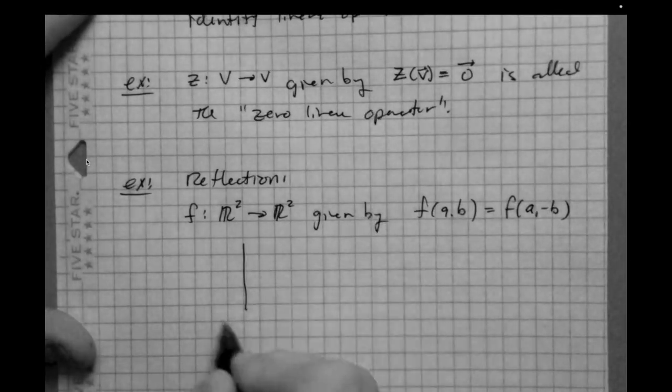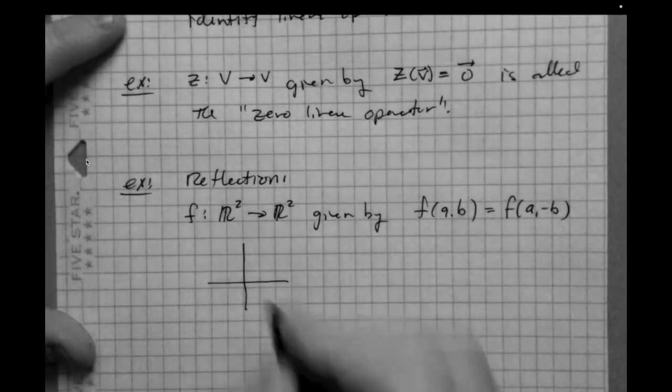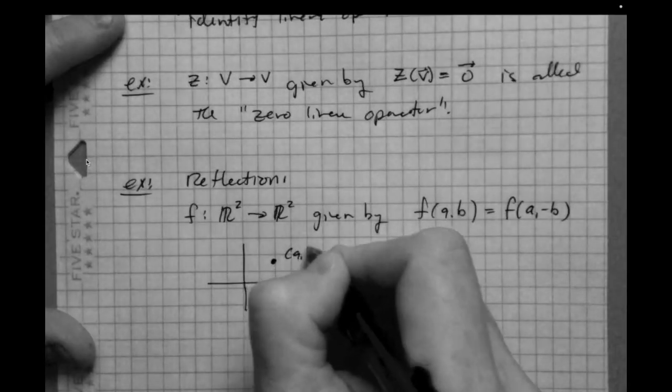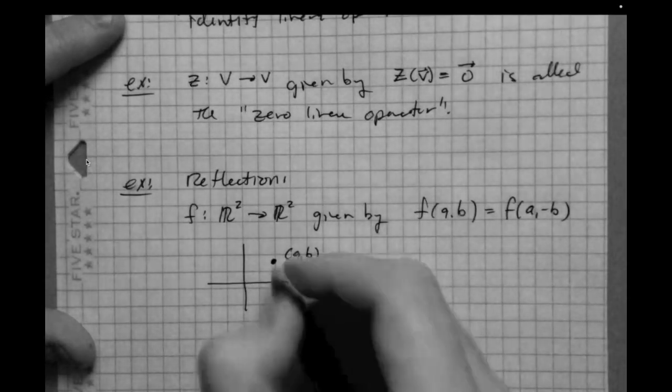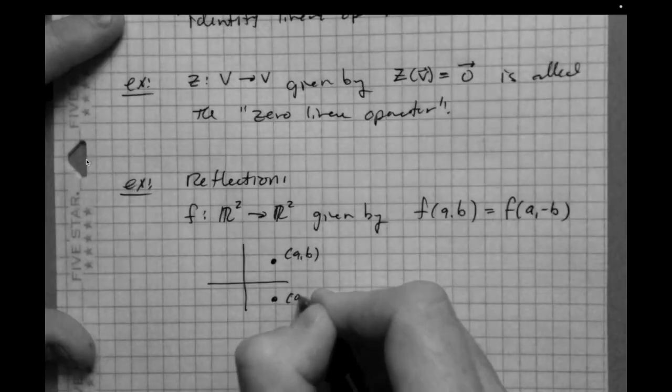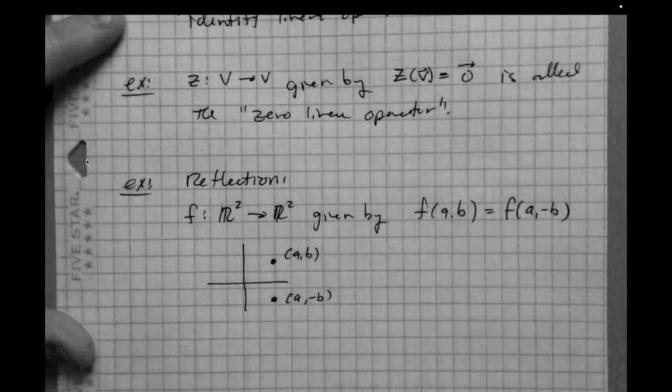If I have my plane and (a, b) is up here, where's (a, negative b)? Well, it's down here. So it reflects across the x-axis.